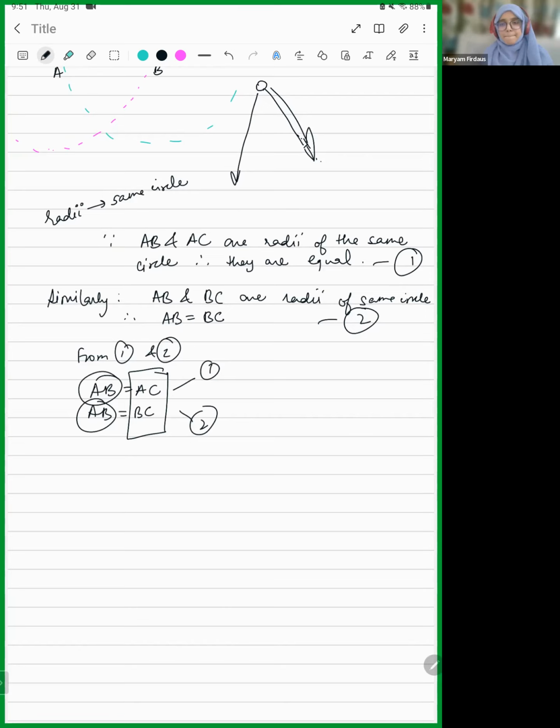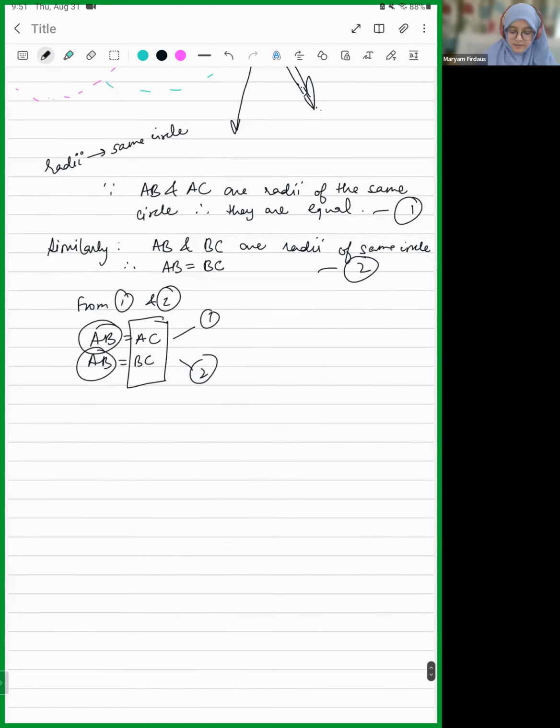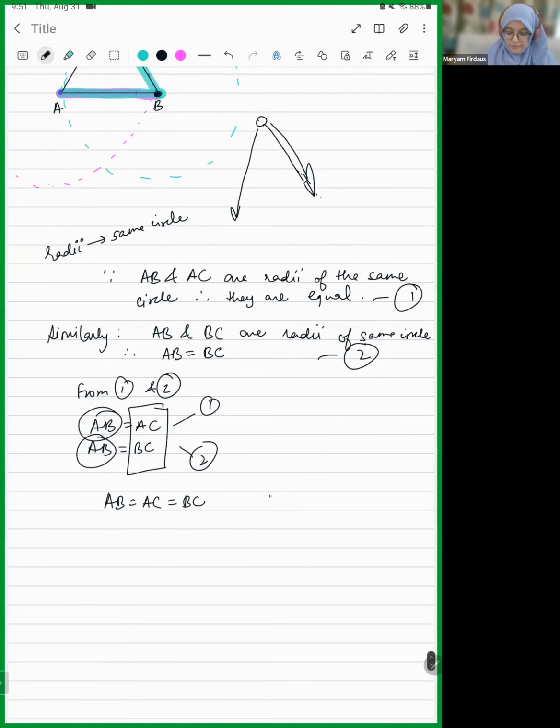Axiom 1. Yes. So this says that AB is equal to AC, which is equal to BC. So now since the three sides are equal, therefore triangle ABC is an equilateral triangle.